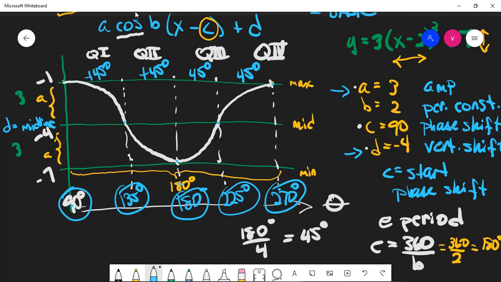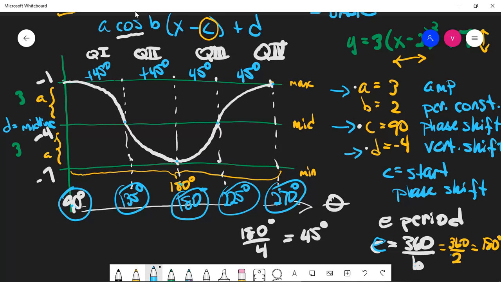Then we determined where this wave was shifted left or right by the C. C started at 90. And then you wanted to know how long this entire wave was. That's determined by the period. The period is determined by 360 divided by your period constant, which was 2. So 360 divided by 2 was 180.